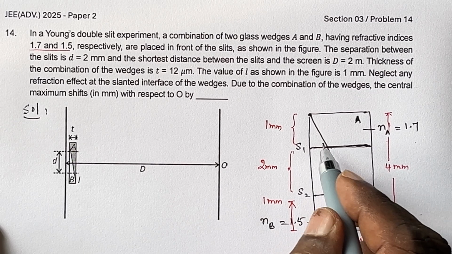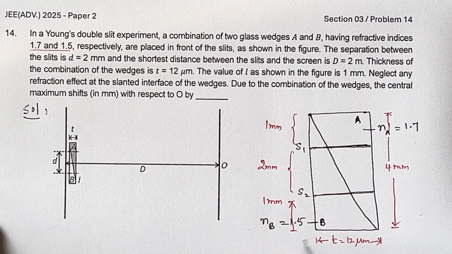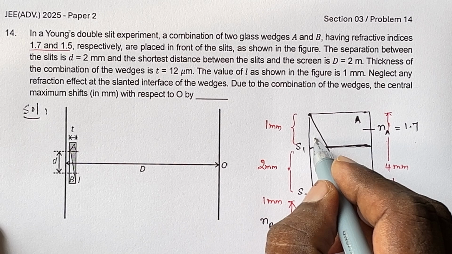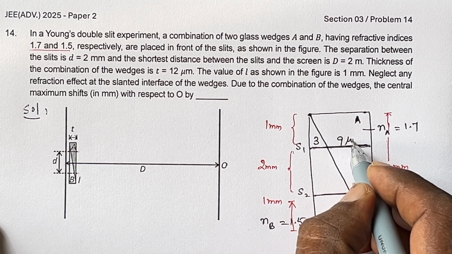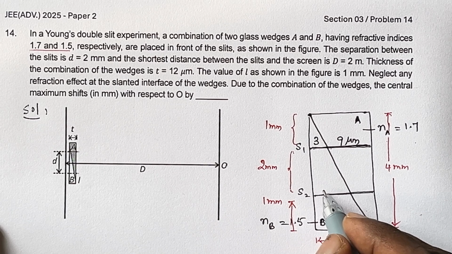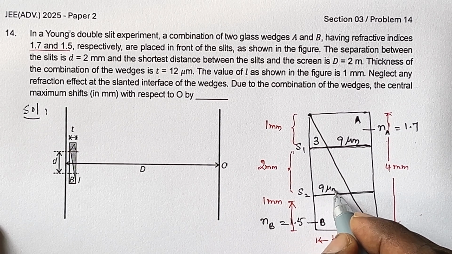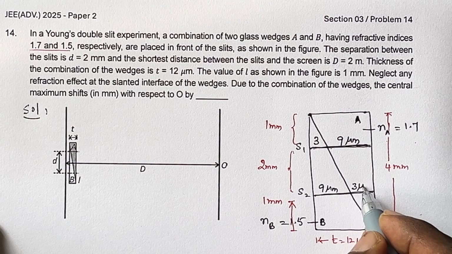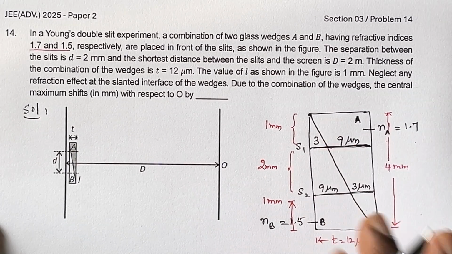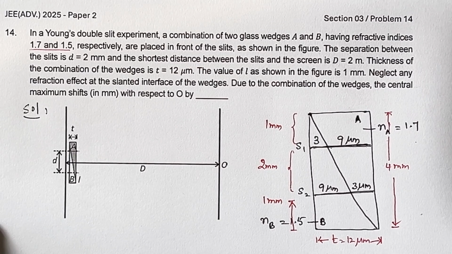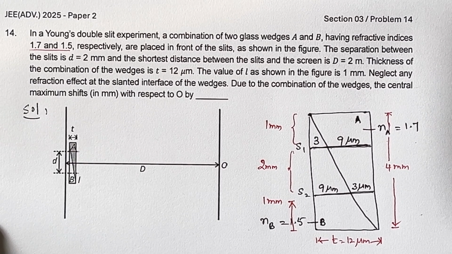So here, by using the similar triangles concept, we can calculate this distance is 3 micrometer, this is 9 micrometer, this is 9 micrometer, and this is 3 micrometer. These are the distances through the respective materials.